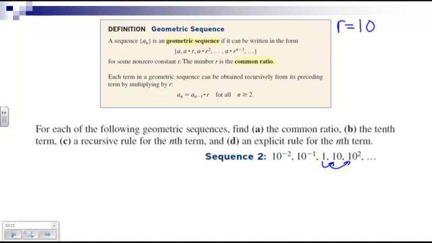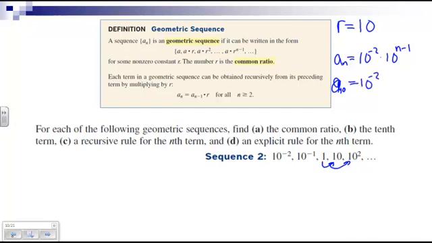So R is 10, so the explicit formula for this is going to be 10 to the negative 2 times 10 to the n minus 1. And given that, we should be able to find the 10th term. So what's the 10th term? Let's see, 10 to the negative 2.